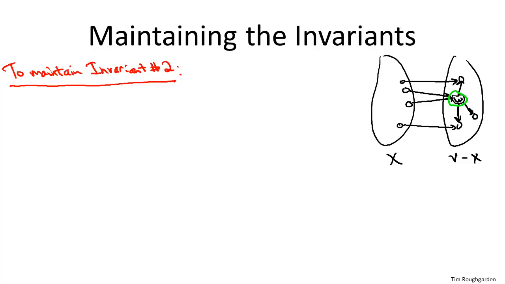Now, the reason things get complicated is that when we move a vertex from outside X to inside X, the frontier between X and V minus X changes. So in this picture, the old black X becomes this new blue X. And what's really interesting about the frontier changing is that the edges which cross the frontier change.